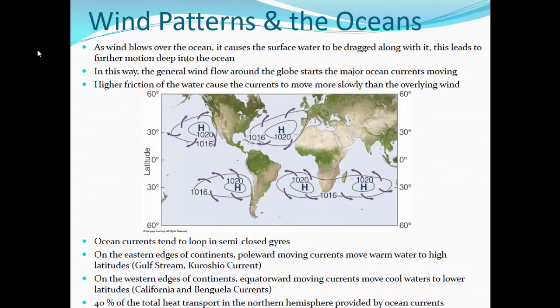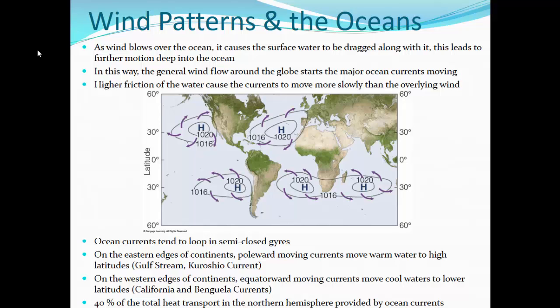Those high pressure cells and the winds around high pressure cause the ocean currents to loop as well. And those loops are almost closed, not quite closed. Ocean currents that loop in the major ocean basins, North Atlantic, North Pacific, South Atlantic, and the Indian Ocean, those loops are called gyres, G-Y-R-E-S.